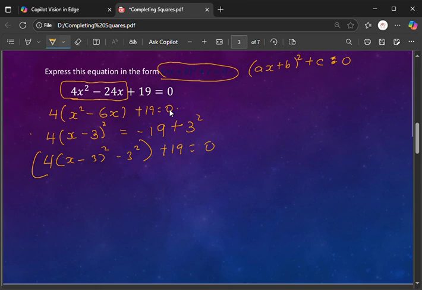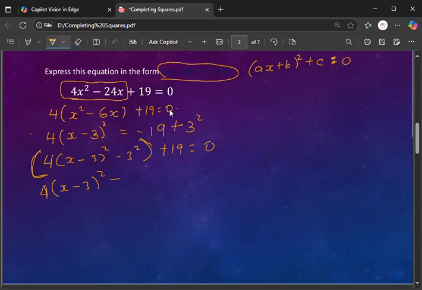And now let's try to simplify just like we did in the previous example. We are removing these brackets. So we shall now say 4 into x minus 3 whole square, and then this is negative 9, because 3 squared is 9, but there's a minus sign.